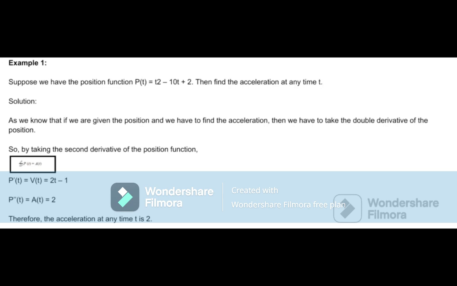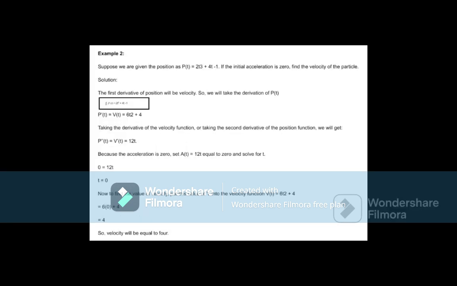We have x'(t) equal to v(t) equal to t minus 1, and x''(t) equal to a(t) equal to... So therefore we have the acceleration at any time t is 2, just according to the formula. We apply the previous formula to examples 2 and 3.